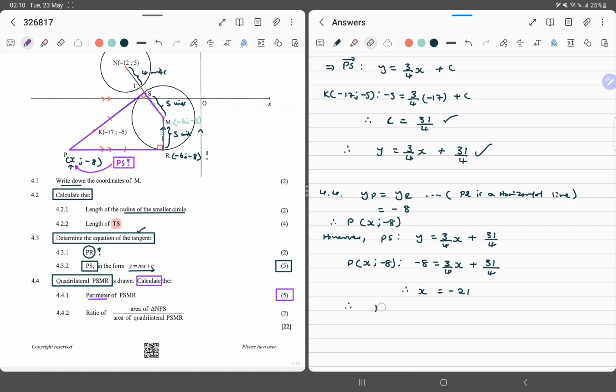Maybe let's put our conclusion side by side here. We can say therefore point P is (-21, -8). So do you see, this is a determination mixed with a calculation.